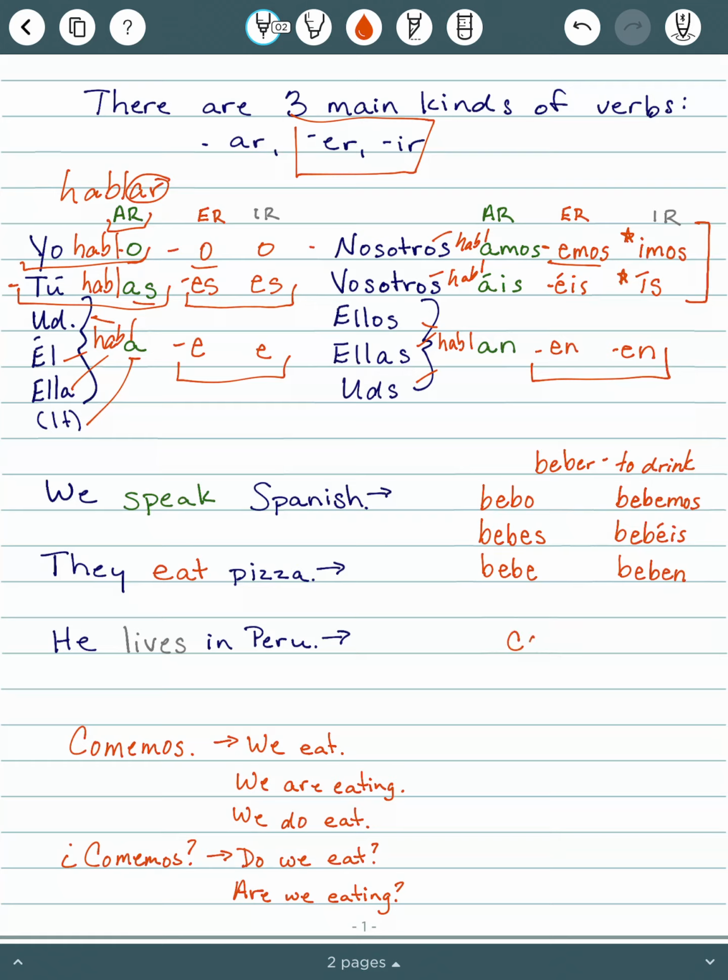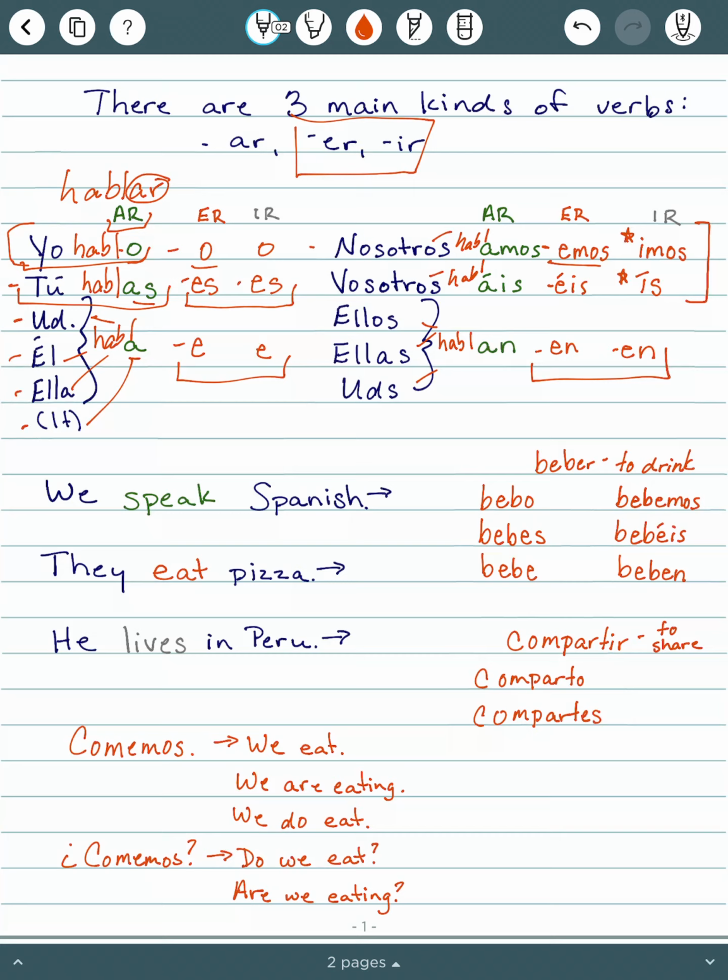So let's say you want to conjugate the verb compartir. That's to share. So if I want to say I am sharing, I is yo. Take off the IR, comparto. If I want to say you are sharing, you is tú, compartes.